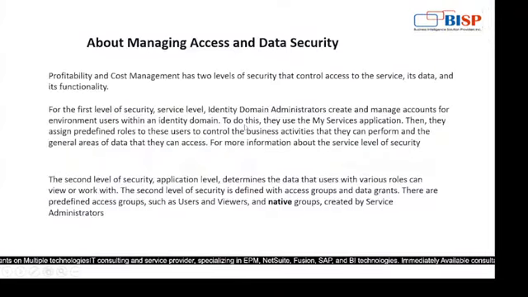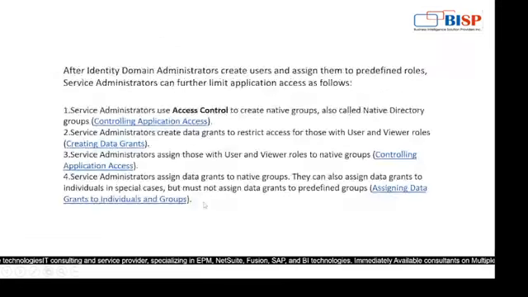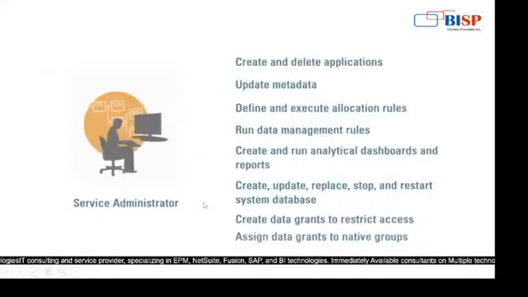Now let's discuss managing access and data security. But before that, I would like to show you the service administrator role, power user role, user and viewer role. So what can a service administrator do in the application? The service administrator is the higher level authority member, who can create and delete applications and update metadata.